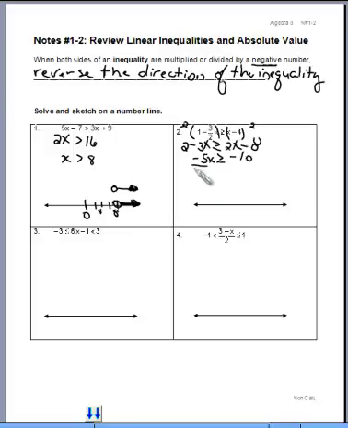Now we're going to divide by negative 5. And when we divide by a negative, remember, or you could say you multiply by negative 1/5, either way, we divided by a negative, so that means this sign has to be turned around. And so we have positive 1x is less than or equal to positive 2. And that's going to be our final answer on that problem.